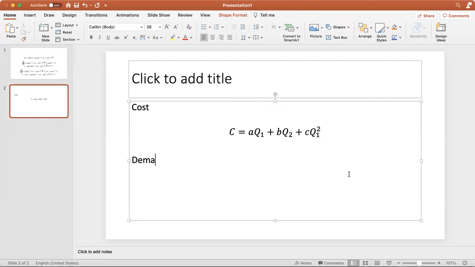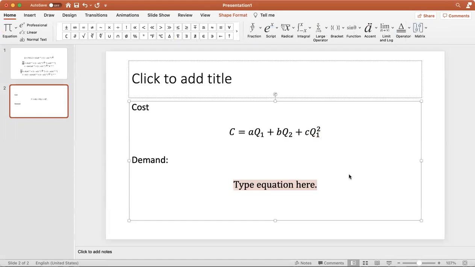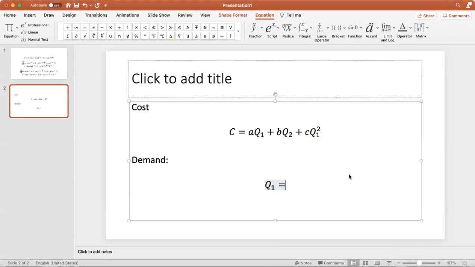Now the demand functions for the two goods, which are substitutes, are given by Q1 equals A P1 raised to negative alpha 1, and P2 raised to beta 1.